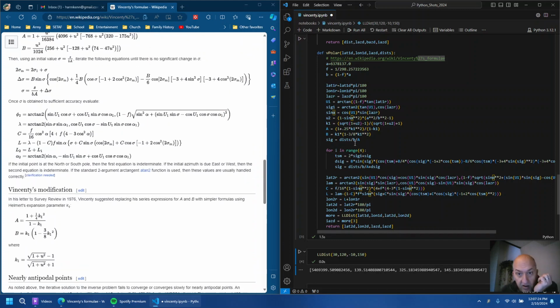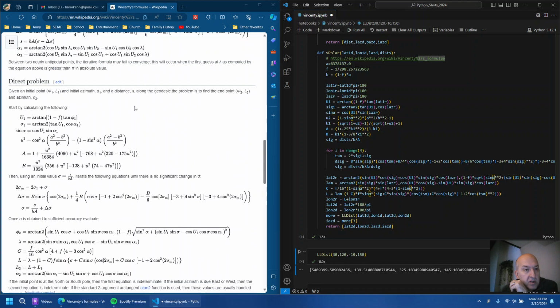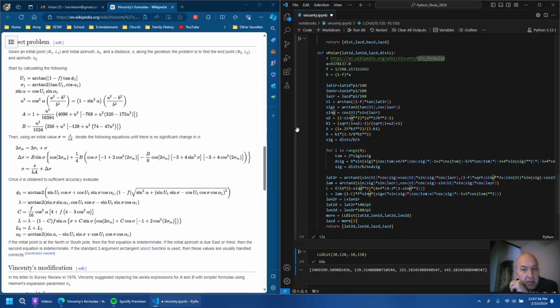That's here. The distance, B and A. Let's see, where's direction? Big B, big E, sigma. That's sigma right there. And then I'm going to loop through this guy.